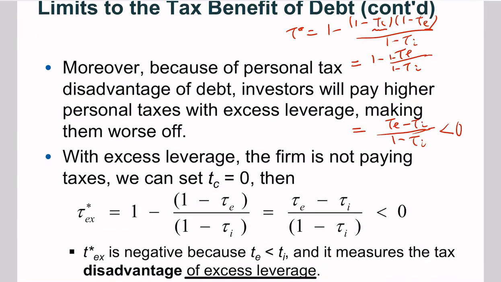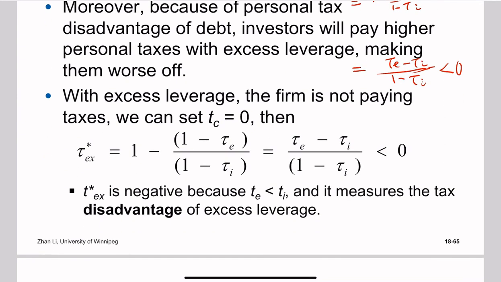What does this tell you? Well, it tells you the tax advantage of debt becomes negative. That is, when you're using excess leverage, you don't get a tax advantage. You will actually incur a tax disadvantage. This will actually reduce the firm's value, right?